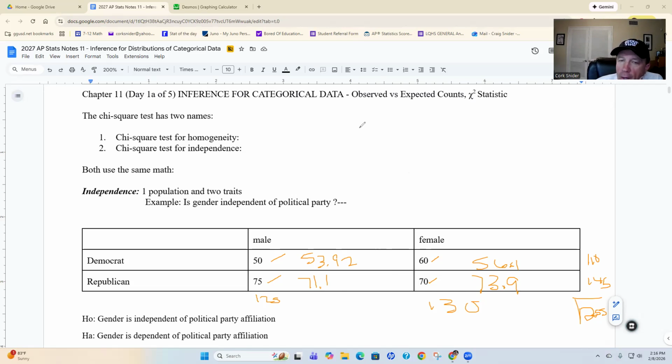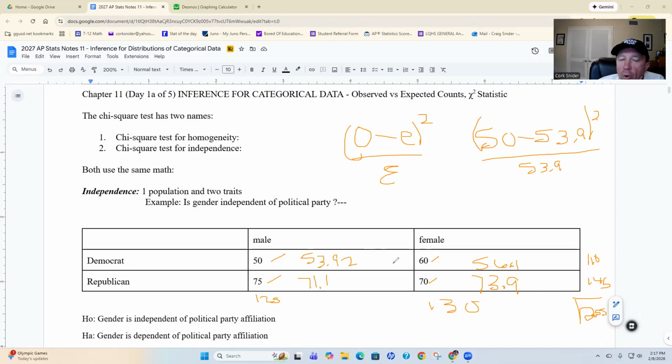The chi-square term is O minus E, squared, divided by E. So in this one right here, it'd be 50 minus 53.9, O minus E, squared, divided by the expected 53.9. You're going to get those 4 chi-square terms and add them up. That is called the chi-square sum when you're done.